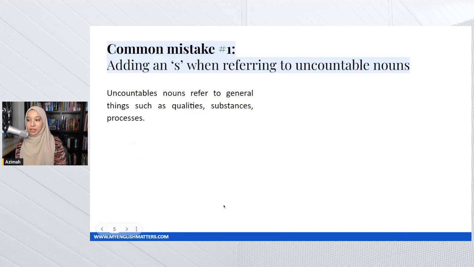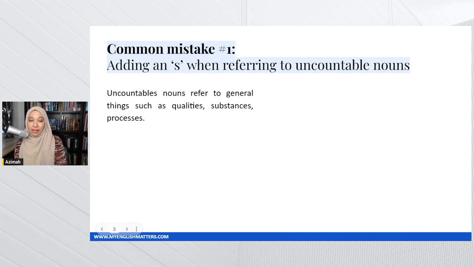Now, what kind of mistakes do we make when it comes to understanding some of these nouns? Common mistake number 1 is adding an S when referring to uncountable nouns. Uncountable nouns refer to general things such as qualities, substances, and processes.